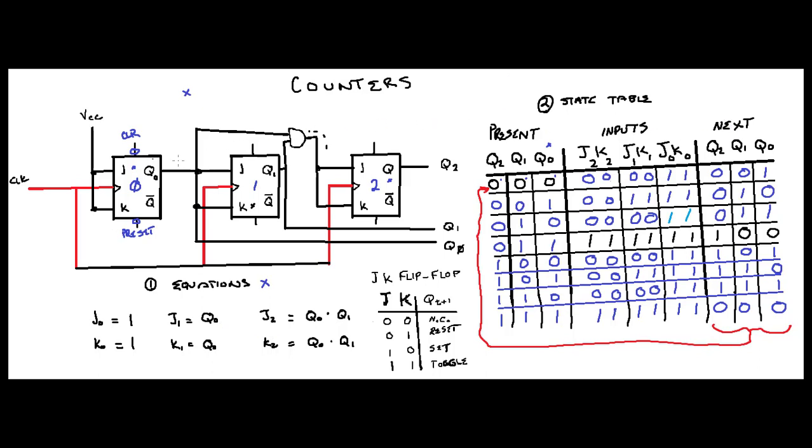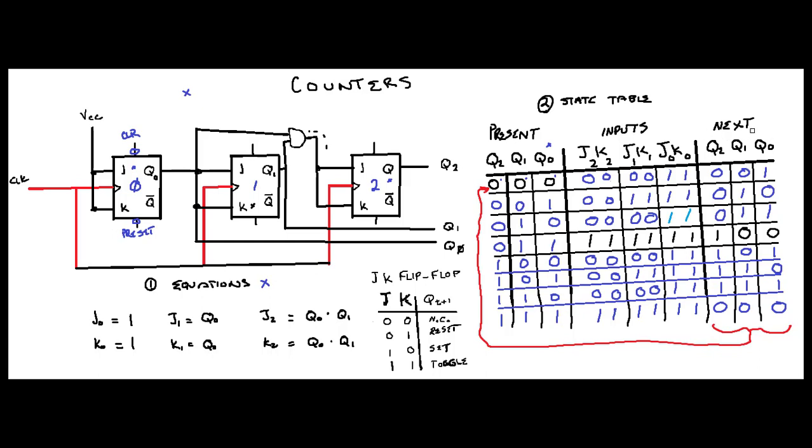And you notice we had 3 flip-flops here. So we had 1, 2, 3 sets of JK values, JK0, 1, and 2, right? If we had 4 flip-flops, we would have had more sets of inputs, right? And finally, we have your next column.